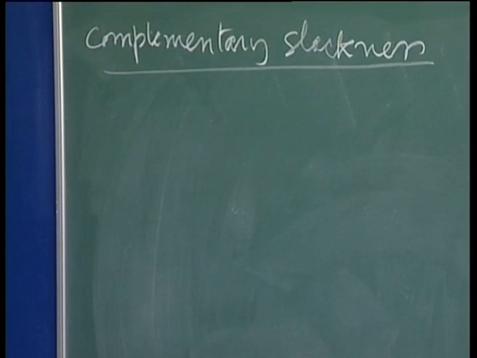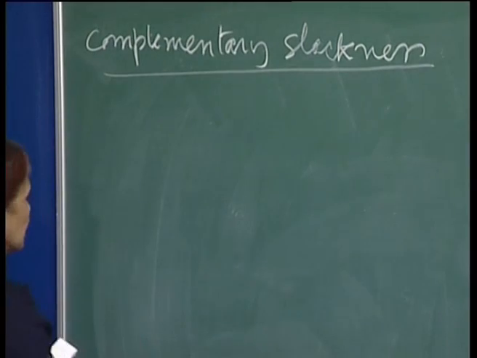Now, let me go to another aspect of duality, which is very interesting, and that is complementary slackness. The idea here is to look at the duality theory in a different way.